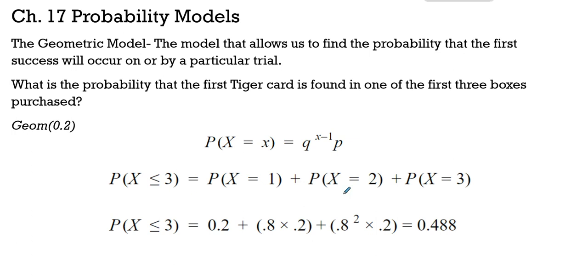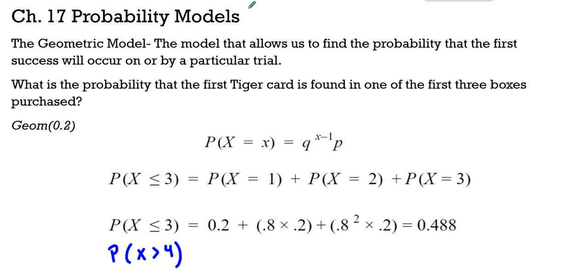We could also take this process and say, what's the likelihood that it falls after the 3rd box? If we wanted to say, what's the probability that the first Tiger Woods card occurs after the 4th box? Well, since there's no finite number of trials, actually, I shouldn't include that, should I?